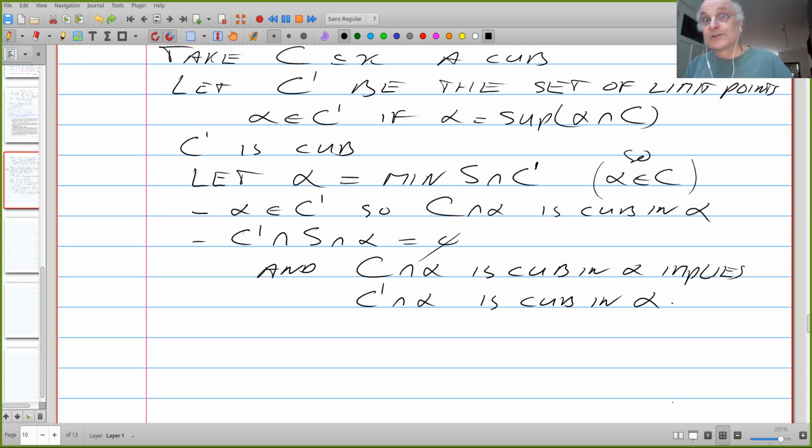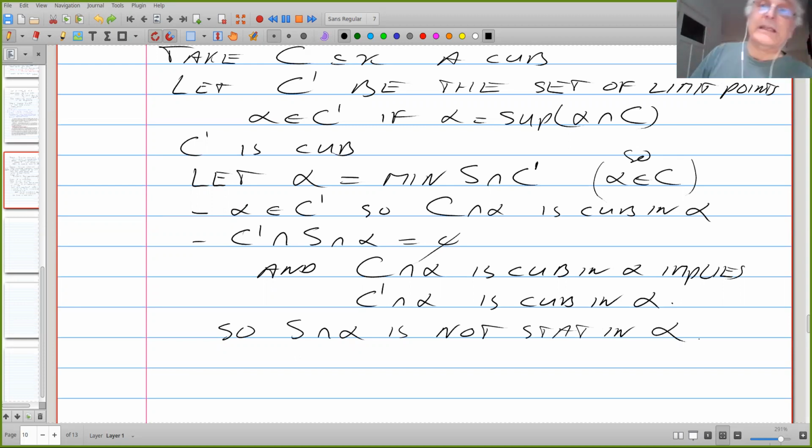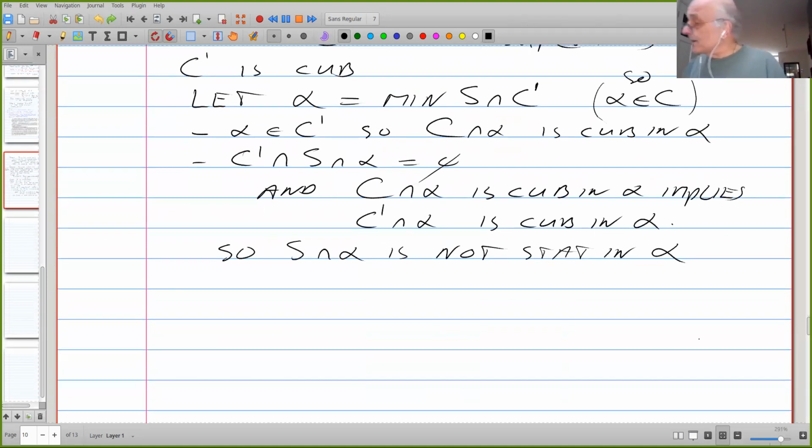And then alpha is regular uncountable, and if you have a club set in alpha, then its set of limit points is again club. So S intersect alpha is not stationary in alpha. So alpha belongs to T and alpha belongs to C, and there we have it. T intersects every closed unbounded set in kappa. So we work with T.